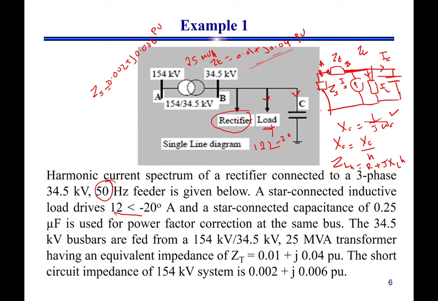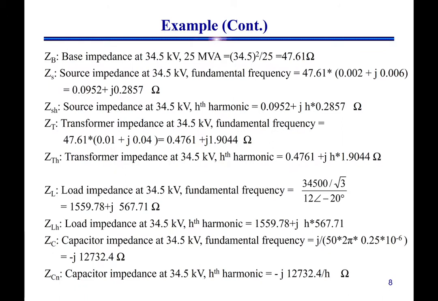So let us move step by step as it is given for us over here. The base impedance at the low voltage side with the transformer will be equal to V squared divided by S, where S is the base. We can choose S base, which is the size of the transformer, 25, and the line voltage on the low voltage side will be 34.5.